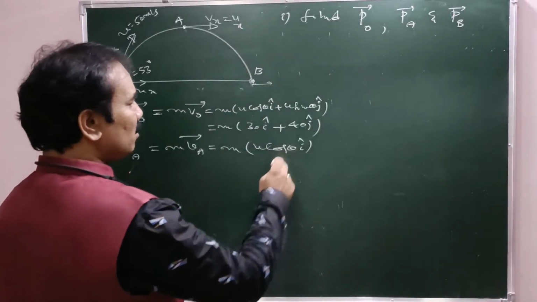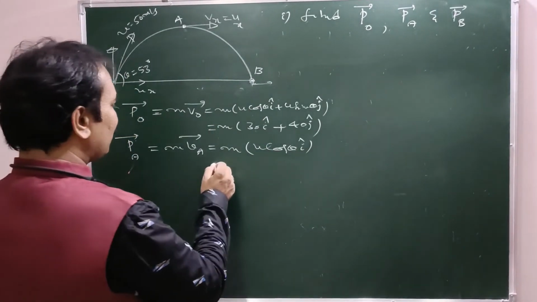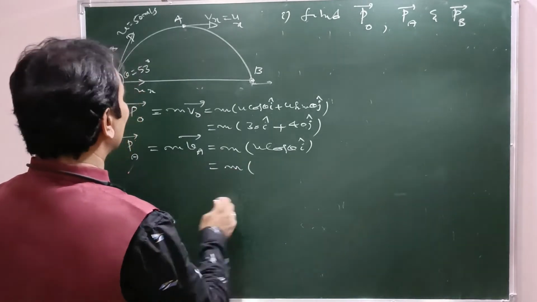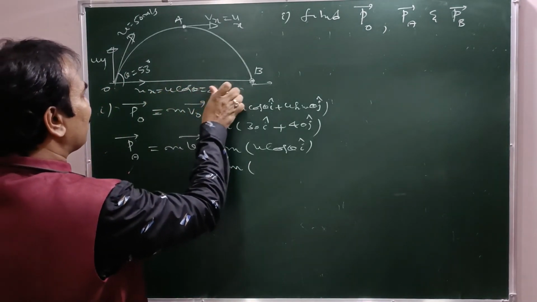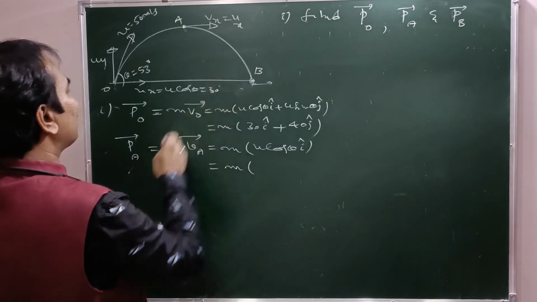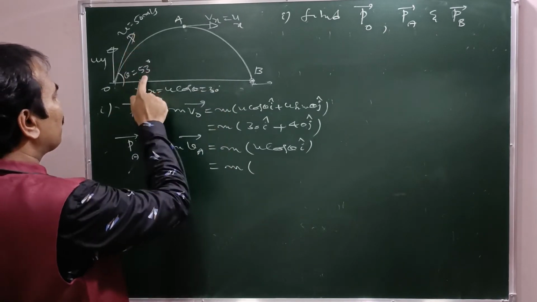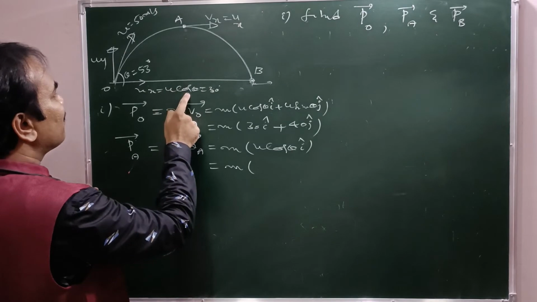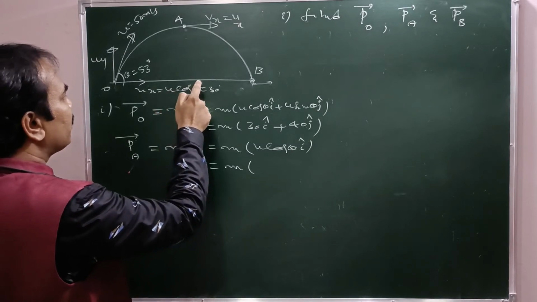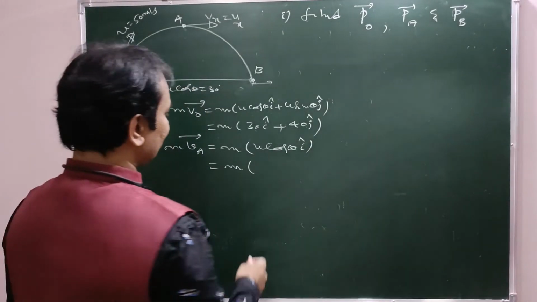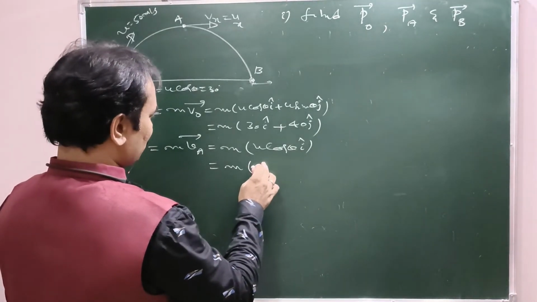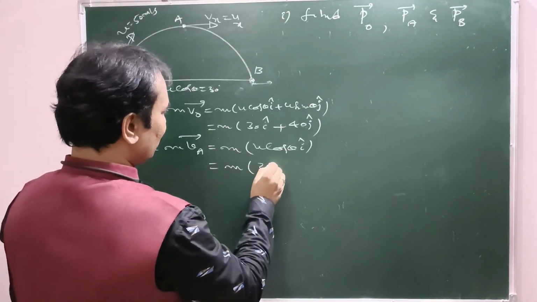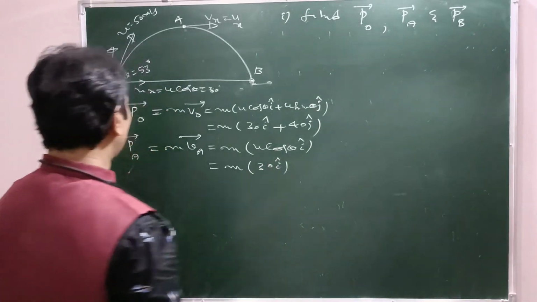So M into U cos theta into I. What is U cos theta here? U cos theta means 30. We calculated that: 50 into cos 53, that is 50 into 3 by 5, 30. That is 30 into I cap.